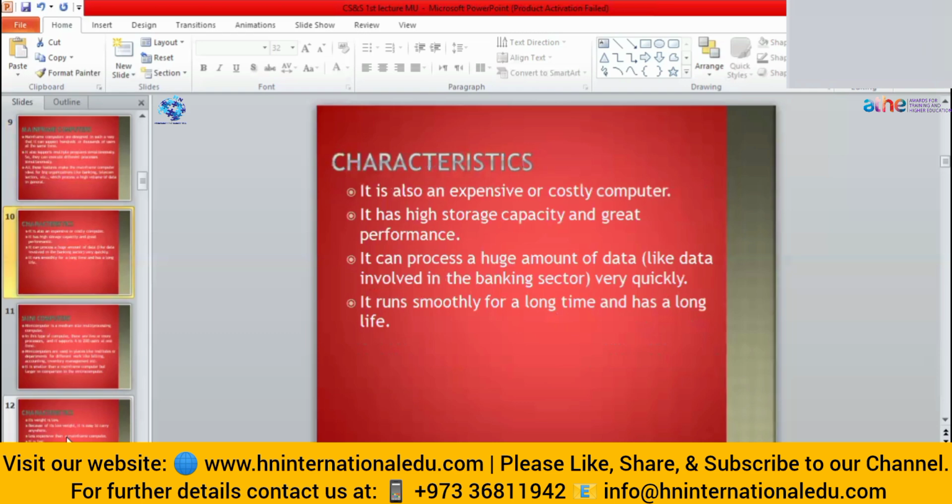As their work is powerful, they are expensive, but they are less expensive as compared to supercomputers. They have high storage capacity and great performance, but that storage and performance is less as compared to the supercomputer. It can process the huge amount of data involved in the banking sector very quickly.